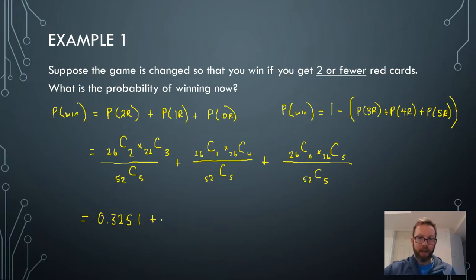So for getting 1 red card, I got 0.1496. And for the final one, 26 choose 0 is just 1, so you can just ignore it if you want. 26 choose 5, divided by 52 choose 5. This one I got 0.0253.